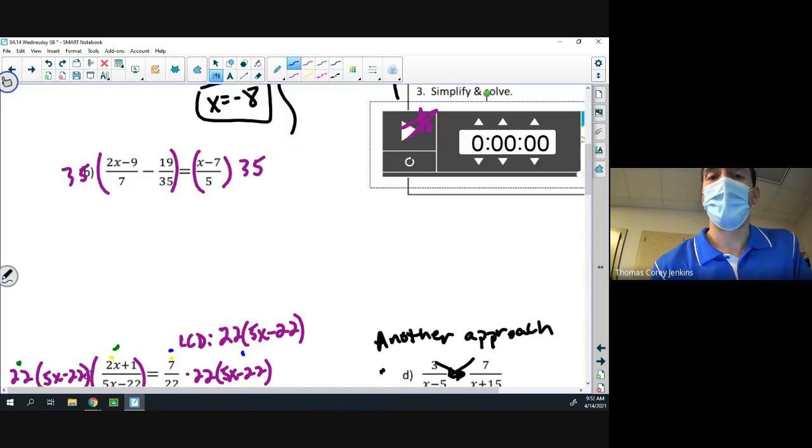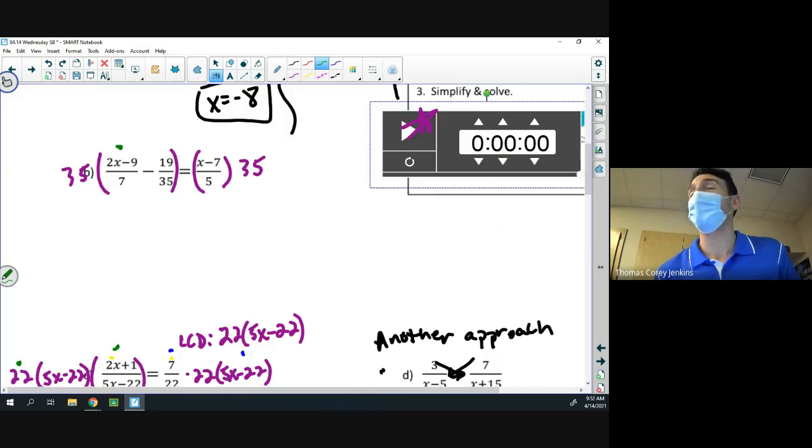All right. So again, just think fraction by fraction here. If we take 35 times 2x minus 9 over 7, just focus on this part. Then think about 35 over 7. What's that equal to? That's equal to 5, like Shrieker said, right? So I don't know if you want to write that out, but this would be 5.